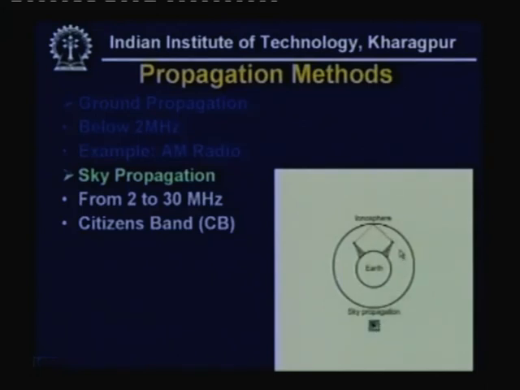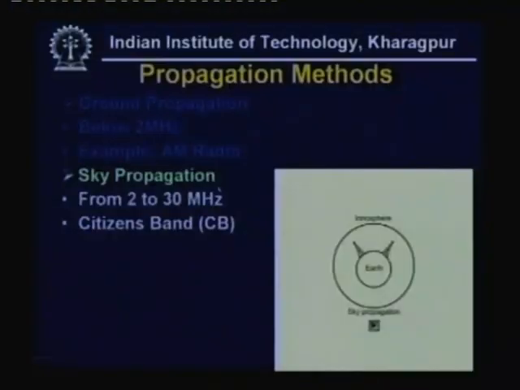In this case the ionosphere plays a very important role, because as you know the ionosphere is at a much upper layer of the atmosphere, and with the help of this sky propagation, the signals can be sent over a very long distance.